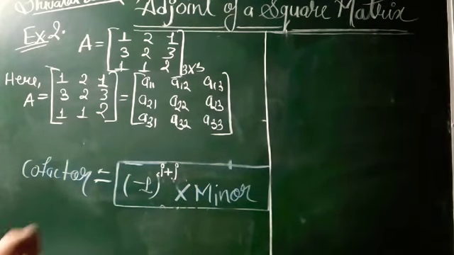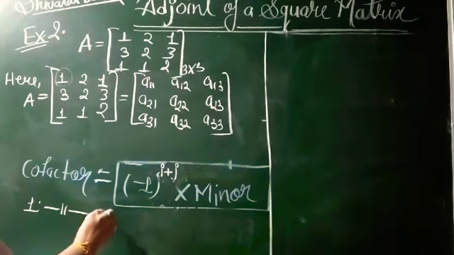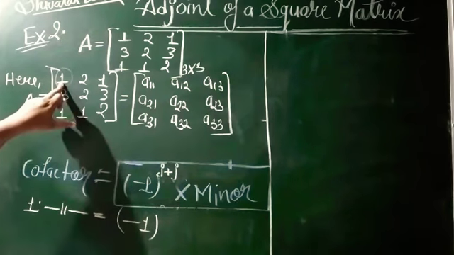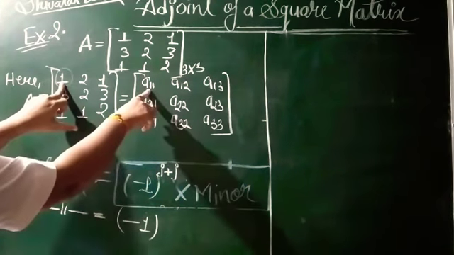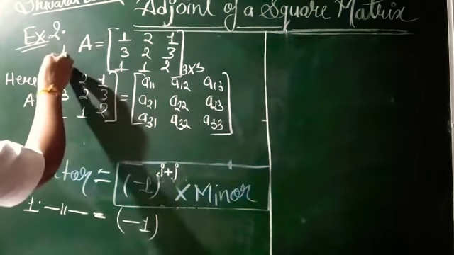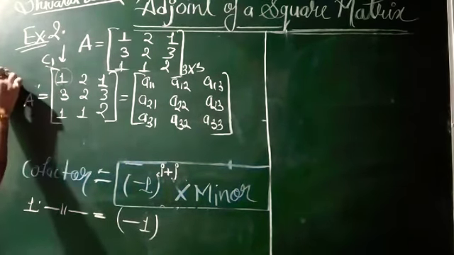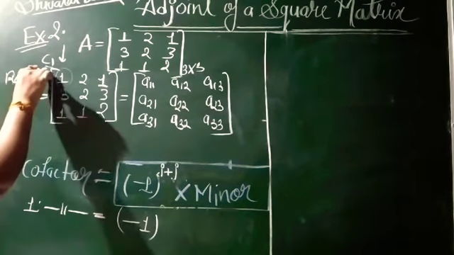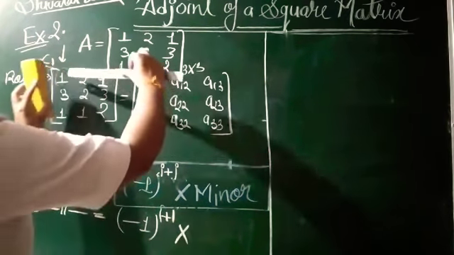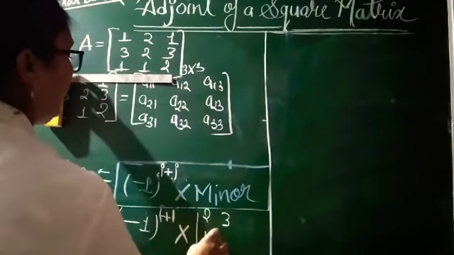Now you see, if we want to find out cofactor of 1, what is the place of this element? The element is place A11. That means first row and first column. So we write here 1 plus 1 multiplies, and if we exclude row and column, remains value here minor 2, 3, 1, 2.